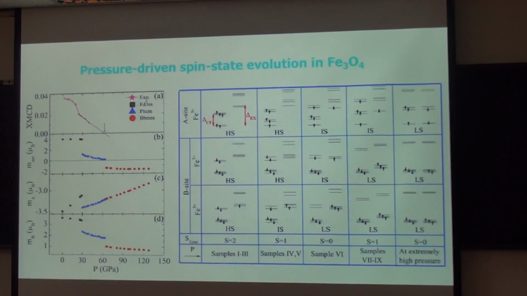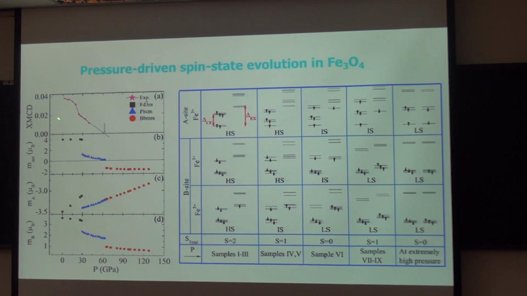So what is experimentally observed is this state. We use XMCD to examine the high pressure dependence of magnetism. We can find a very deep transition from ambient pressure as we increase the pressure.